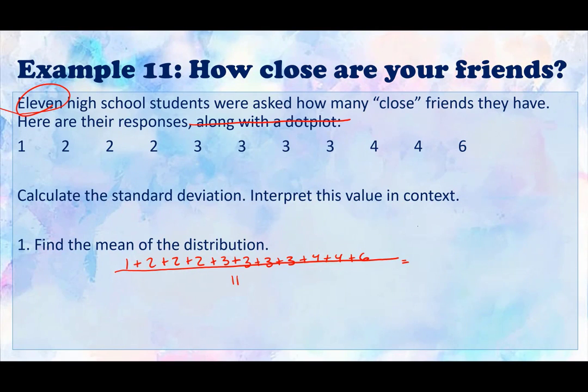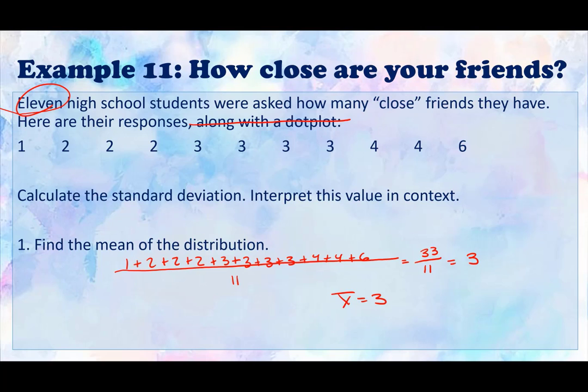So all of these numbers up here, it looks like they add to 33, divided by 11, which will give us 3. So x bar is equal to 3. It's really good when this number is a whole number. That's not always going to happen, but this is going to make calculations very easy on the next page. So this was step 1.